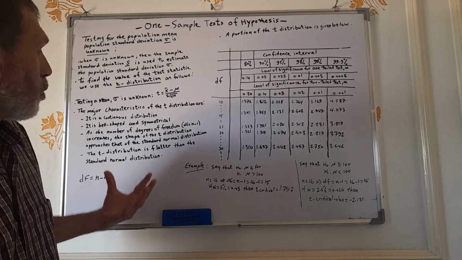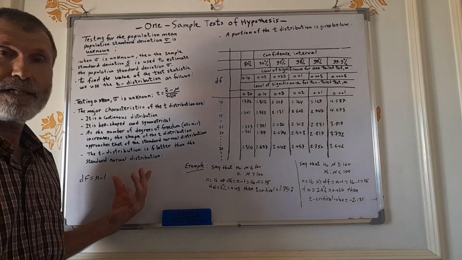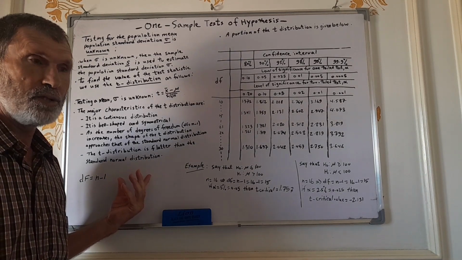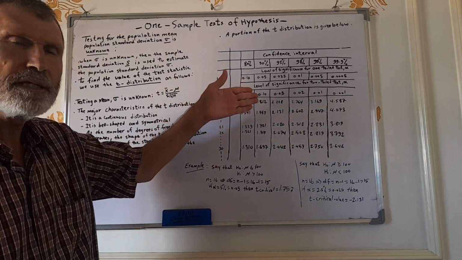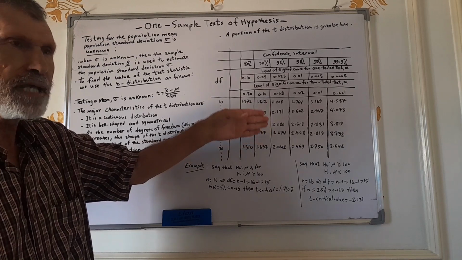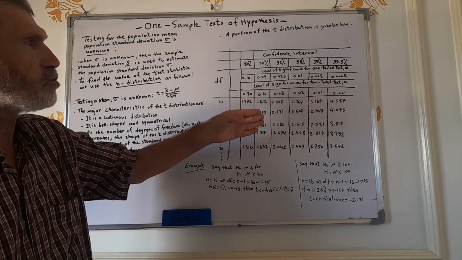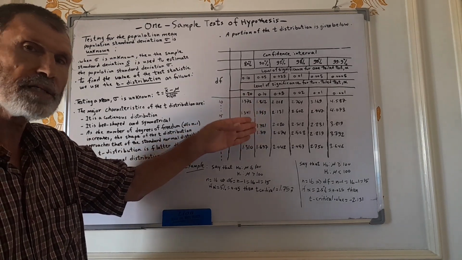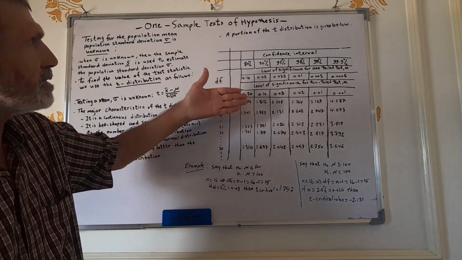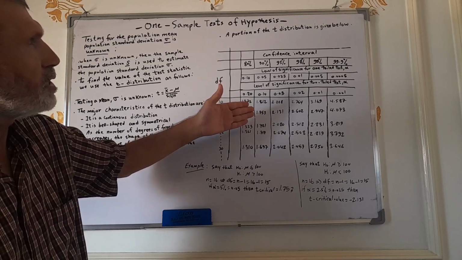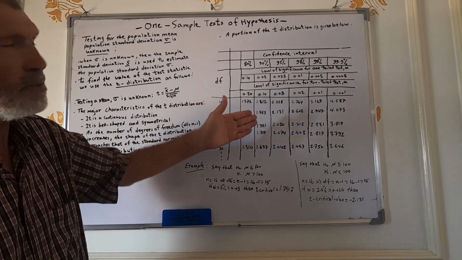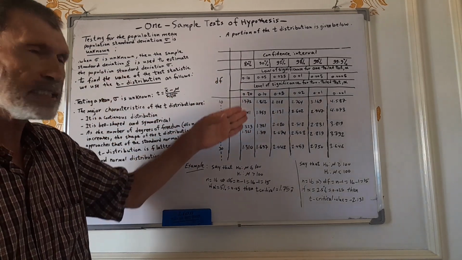Now, of course, once we are using the t distribution, we have to know how to use the table in order to find the critical values. This is a simplified portion of the t distribution table.